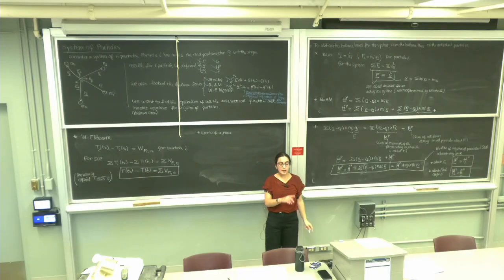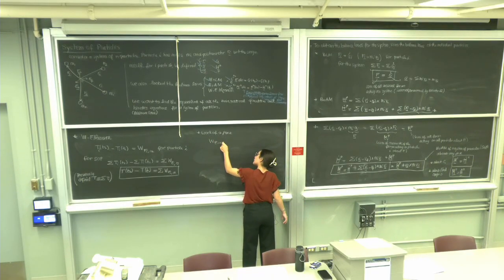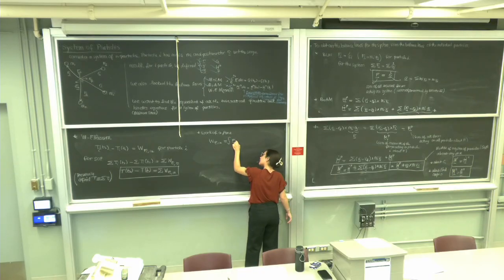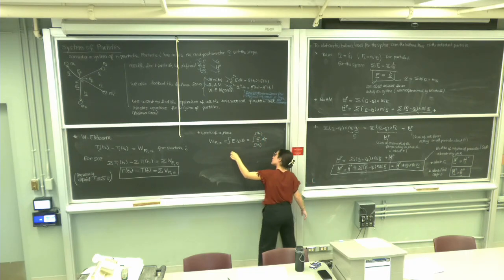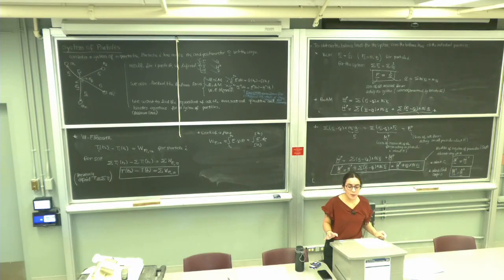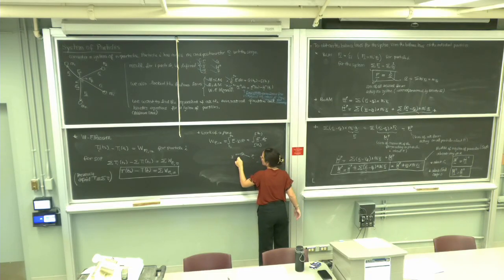For one particle, we said that the work of the force acting on the particle is equal to the integral of F dot v dt, or the integral of F dot dr. That was for one particle where we have a force F acting on a particle with velocity v or with position vector r from the origin.